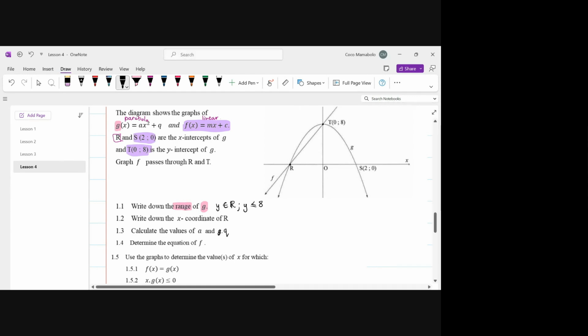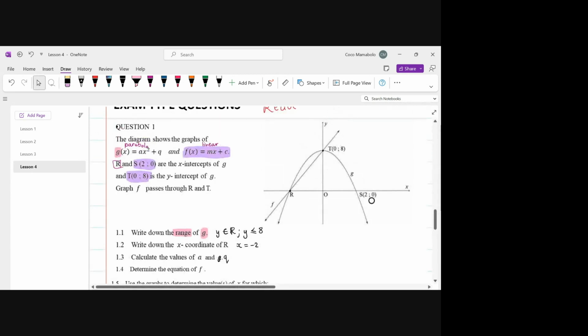All right, then it says, write down the x coordinate of R. Now, we can tell just by looking at it, x is equal to -2. Here's the beautiful thing about parabolas. Parabolas are always drawn in symmetry, meaning that our y-axis is a mirror image.